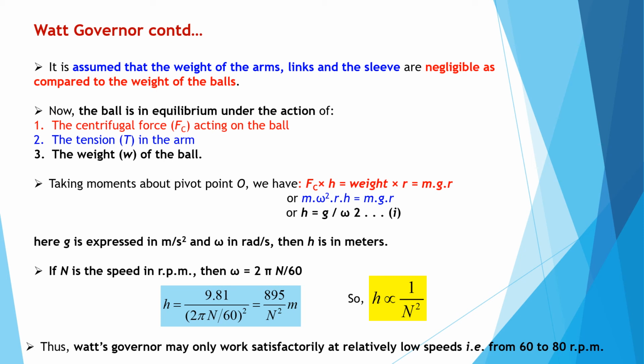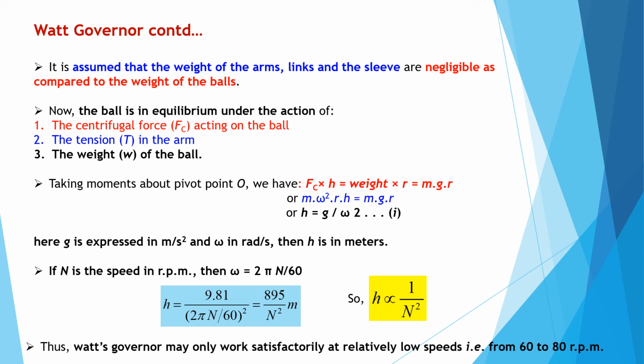Here g is the gravitational acceleration and omega is the angular velocity of the spindle or the engine. And angular velocity omega is equal to 2 pi N by 60, and N is the revolutions per minute. So the height of the governor H is equal to 9.81 divided by (2 pi N by 60) whole square. So we can write it as 895 divided by N square.